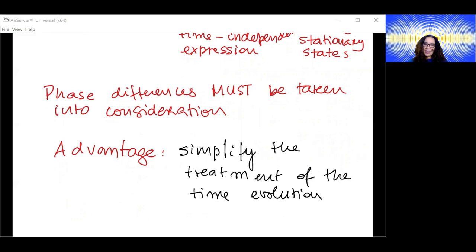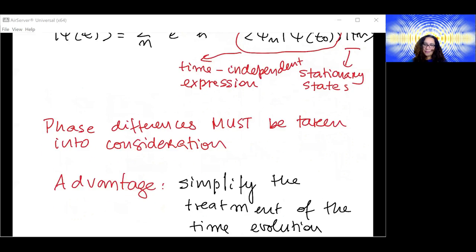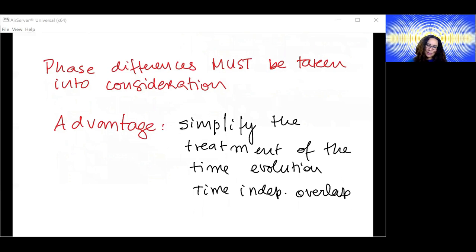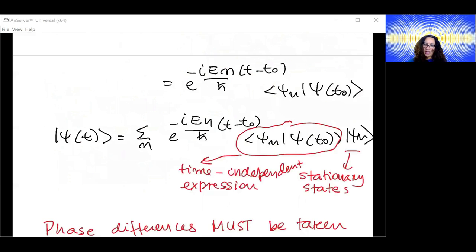Because first you're going to have time independent overlap integrals, which are these guys here.